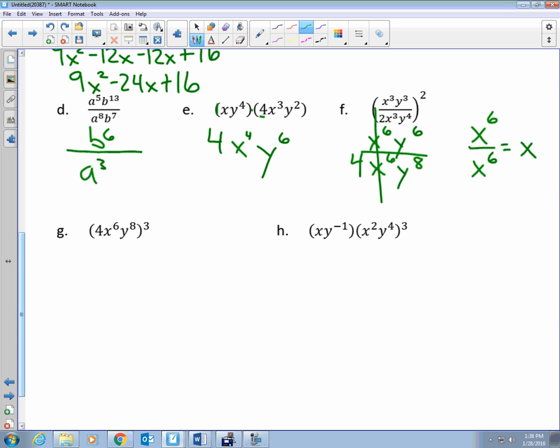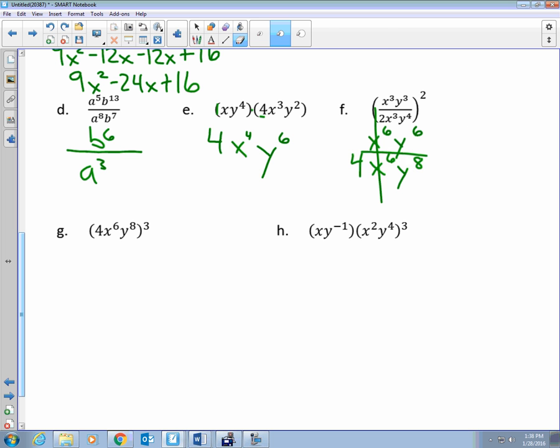Subtract, you get x to what power? But anything divided by itself is 1. That's why anything to the 0 power is equal to 1. You maybe always wondered why that was true. Why is it when you take something to the 0 power, you get 1? It's because of that. Okay? So, hopefully that makes sense.